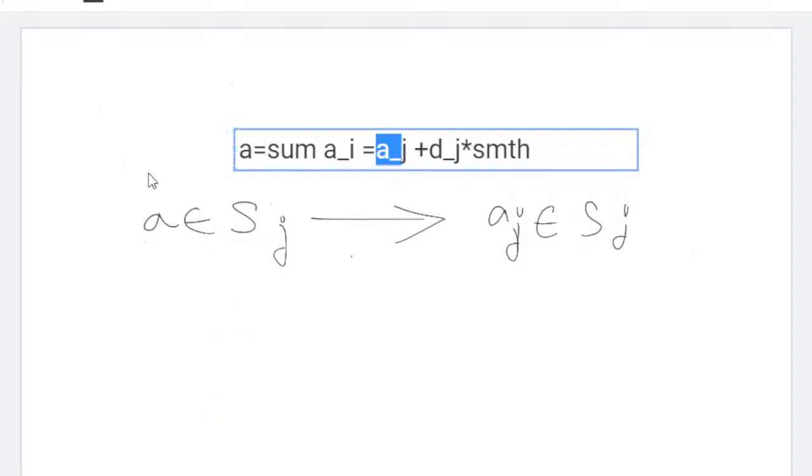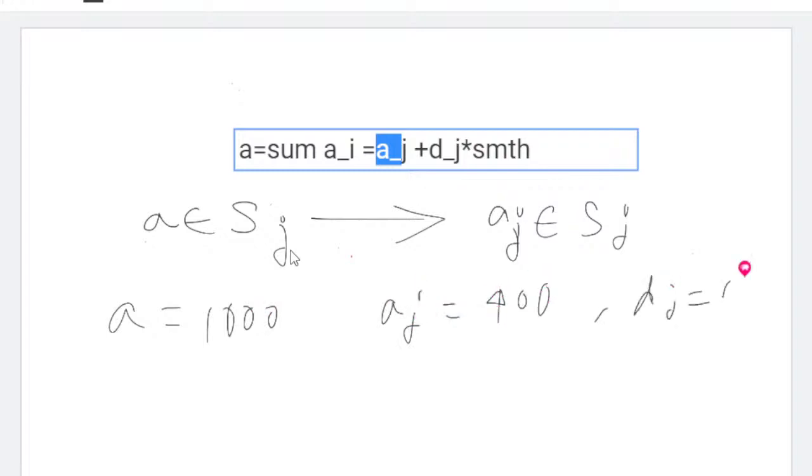So this is a unique characteristic. Wait, one second. How do you know that, for example, suppose A was something like 1,000, and say AJ was 400, DJ was 10.